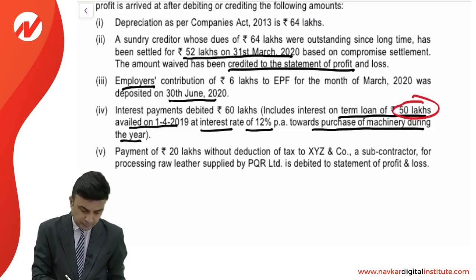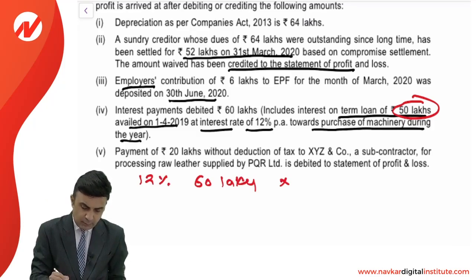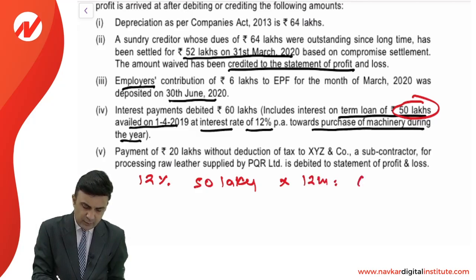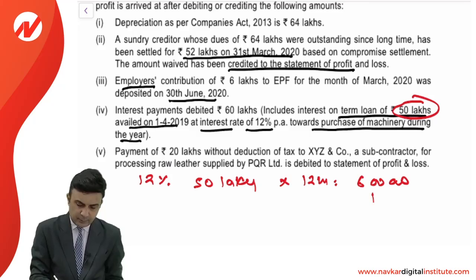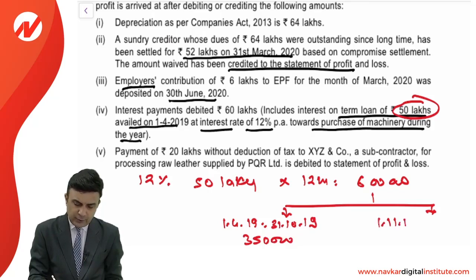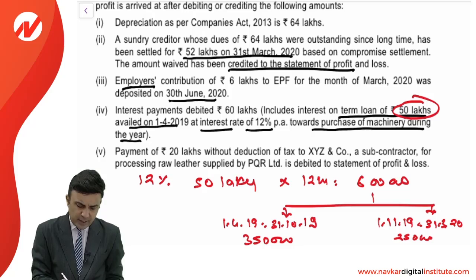I am repeating. On 50 lakh, your interest at the rate of 12% for 12 months will give you 6 lakhs. Out of 6 lakhs, from 1st April 19 to 31st October 19, your interest will be 3.5 lakh, and from 1st November 19 to 31st March 20, your interest will be 2.5 lakh. This would be allowable and the rest is going to be capitalized.